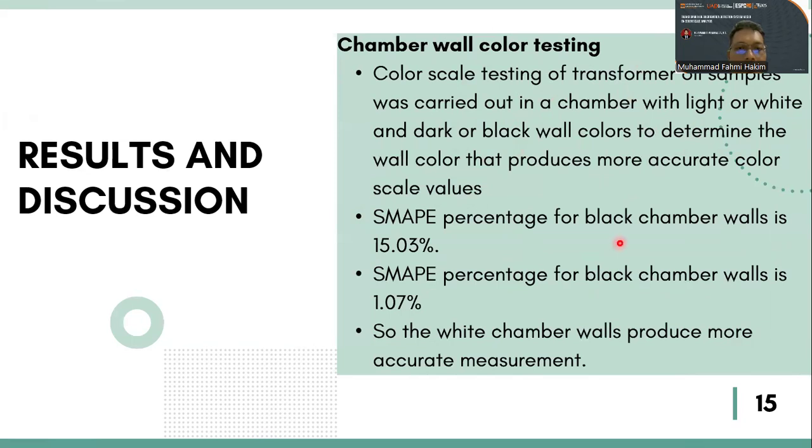The SMAPE percentage for black chamber walls is 15.03%, and then the SMAPE percentage for white chamber walls is 1.07%. Sorry, the earlier one was a typo. So the white chamber walls produce more accurate measurement, because a smaller SMAPE percentage means more accurate measurement.